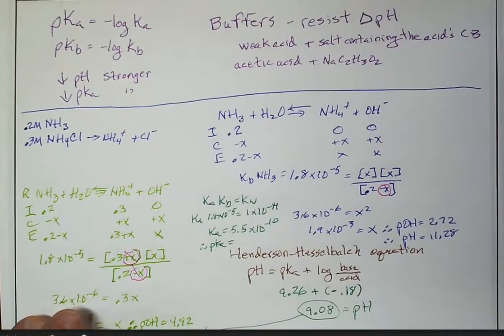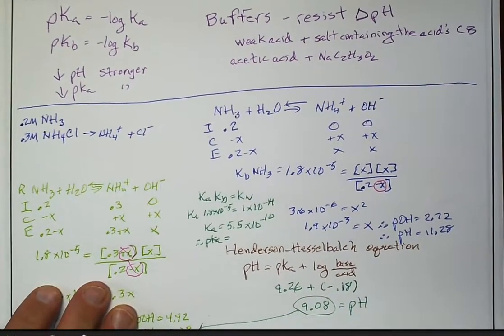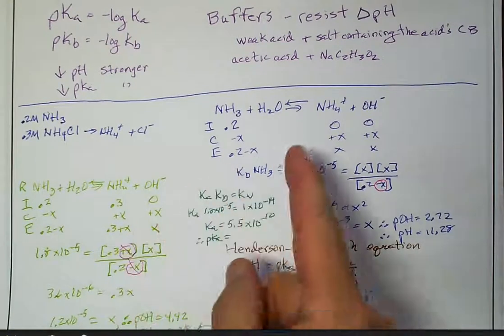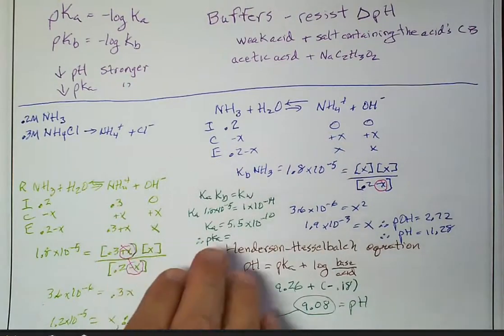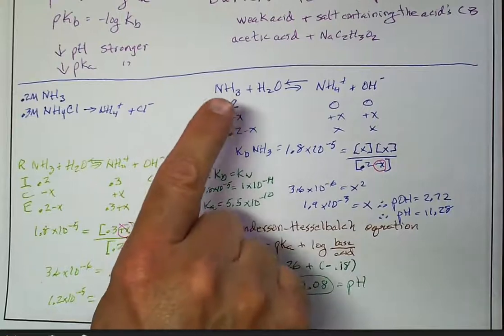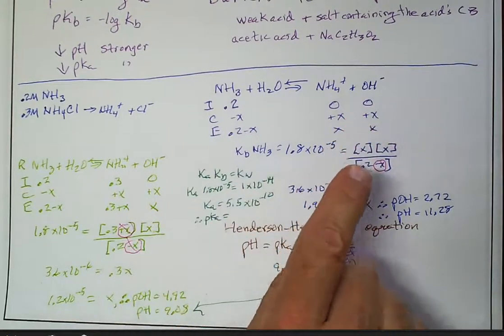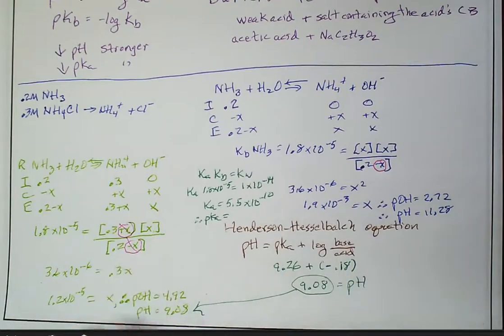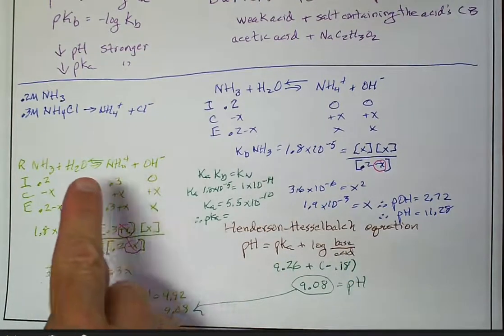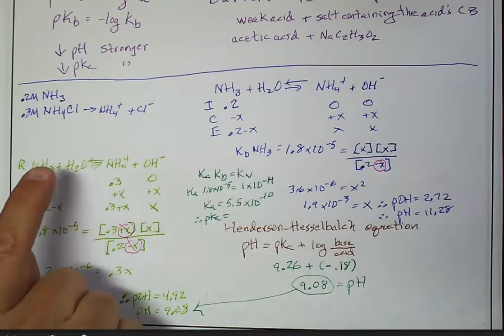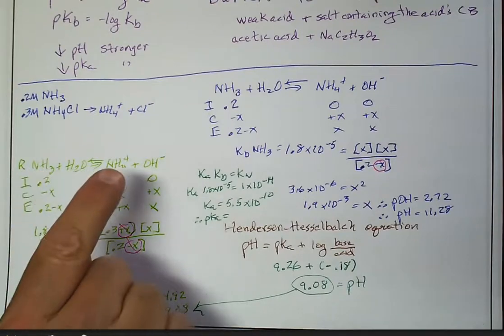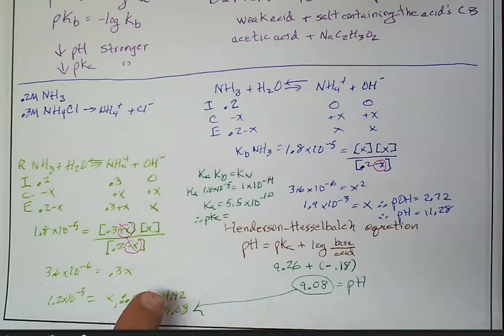Definitions of pKa and pKb, what buffers are, the common ion effect, shown again, how the ammonium ion, when added here, decreased the ionization of the ammonia, made us produce less hydroxide. We produced more hydroxide here than we did over here because of the common ion effect. This also then is how to calculate the pH of this buffer, because a buffer consists of a base and its conjugate acid, or an acid and its conjugate base. And then the shortcut method, the Henderson-Hasselbalch equation. All right, that's it for this one.